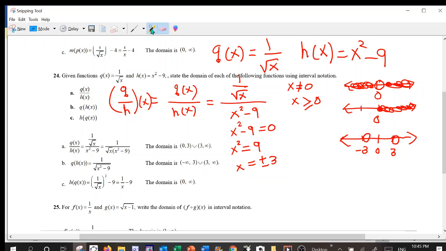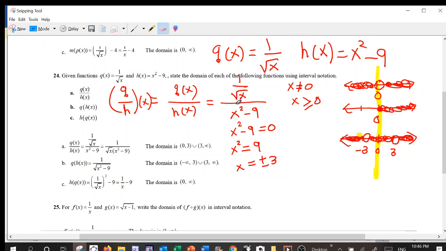Now the question is, what do all of these have in common? This could be any number except those, right? The denominator says it could be any number except those. This condition comes from this denominator.